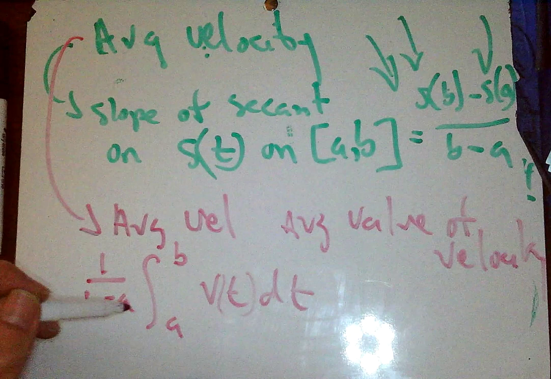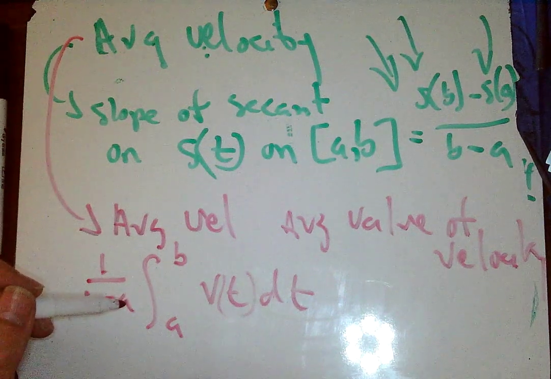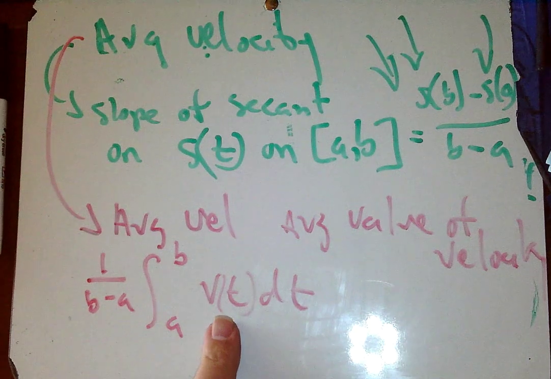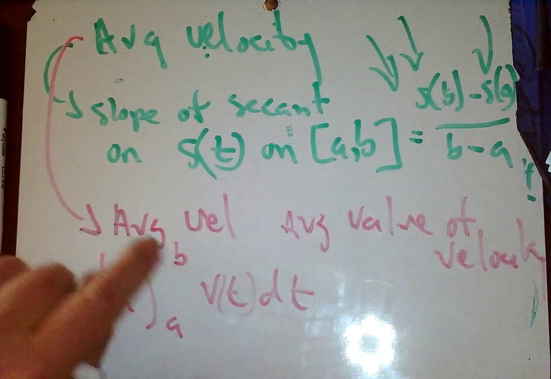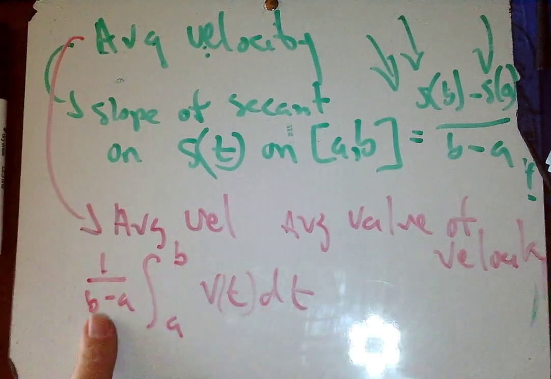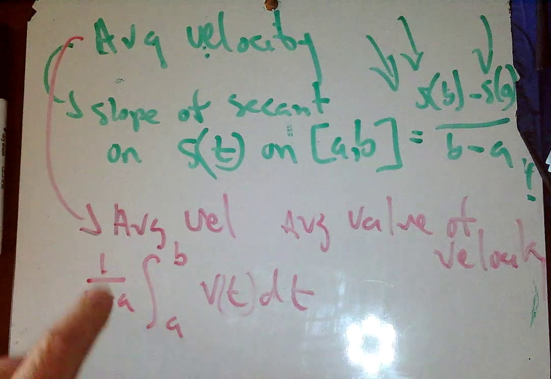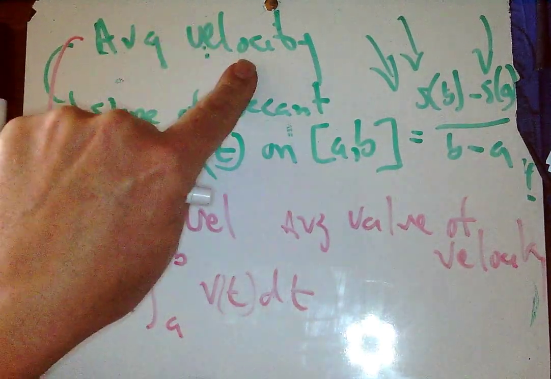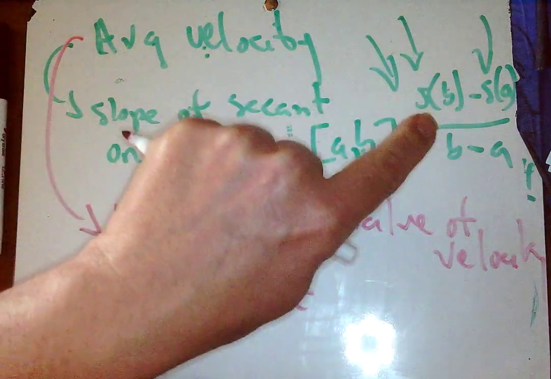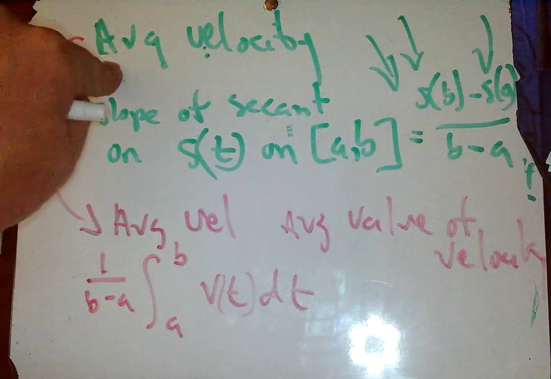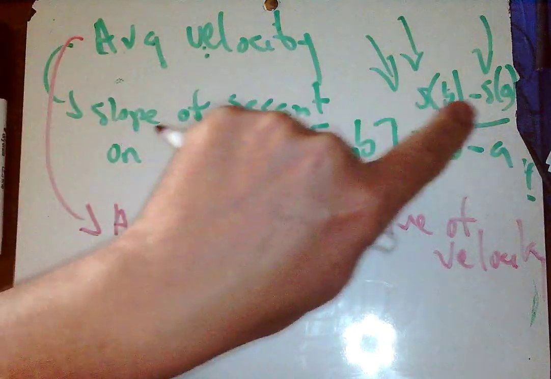This is also a representation of average velocity, but this representation uses velocity, because what I'm thinking about here is summing up all the velocities from a to b and then dividing. As opposed to this one, which is understanding average velocity as the average rate of change on an interval, not on the velocity function, but on the position function.